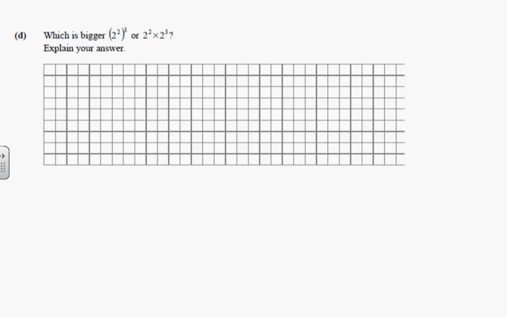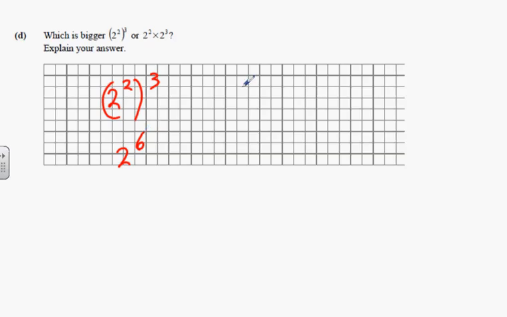Which is bigger, the one on the left or the one on the right? The one on the left is 2 to the power of 2 to the power of 3, which is 2 to the power of, anybody? 2 to the power of 2, bracket, and then multiply by 3. It's 2 to the power of 6, right? Because it's 2 multiplied by 3, which you've done a lot.